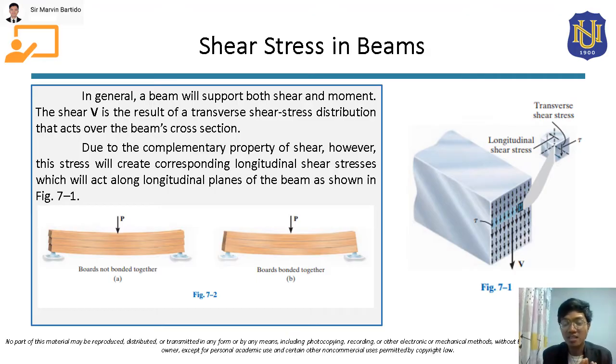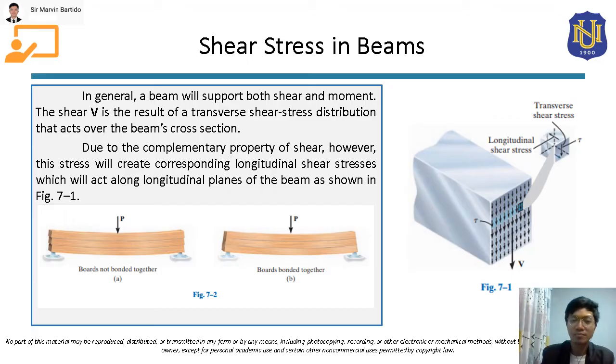Okay, nagets mo yun, class. Kaya, class, sa beam, hindi lang vertical or transverse shear stress yung nag-a-act. But there's also horizontal or longitudinal shear stress. And take note, class, na yung transverse at longitudinal shear stress, they are equal. Okay, they are just the same.